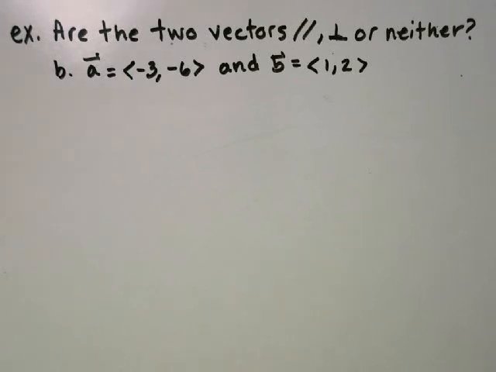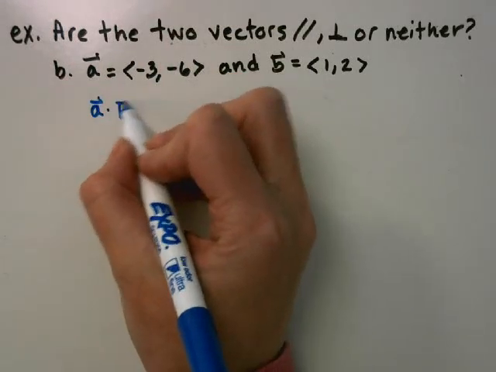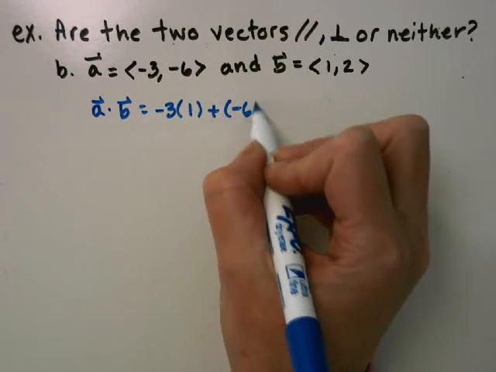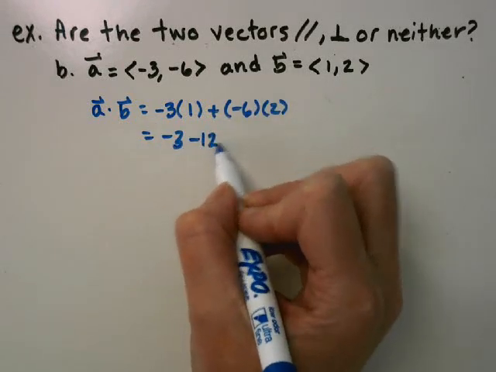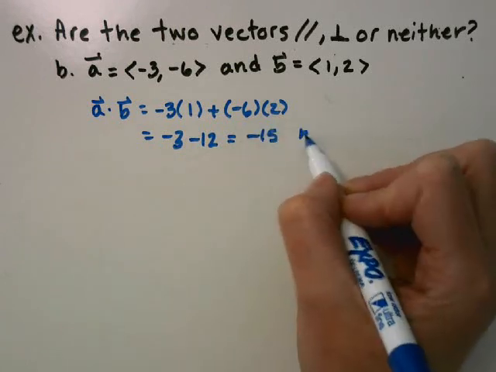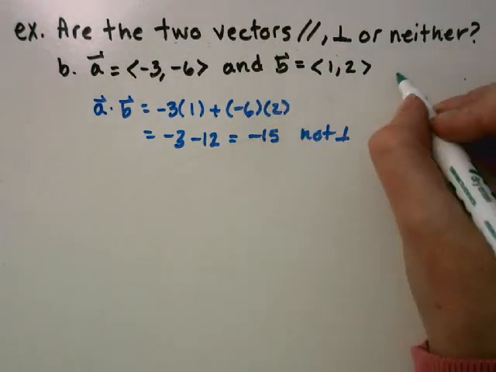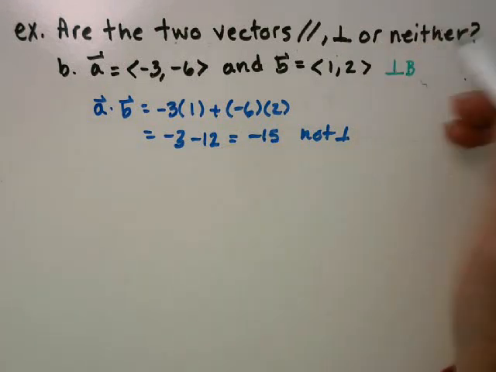Okay, our new problem: A is (-3, -6), and B is (1, 2). Let's start with A dotted with B. We're going to have -3 times 1 plus -6 times 2. So that's -3 minus 12, which is -15. So these are not perpendicular. Let's see if they are parallel. I'm going to make one of these perpendicular. If this is B, I'm going to make a perpendicular B. I'm going to switch the x and the y and make one of them opposite.